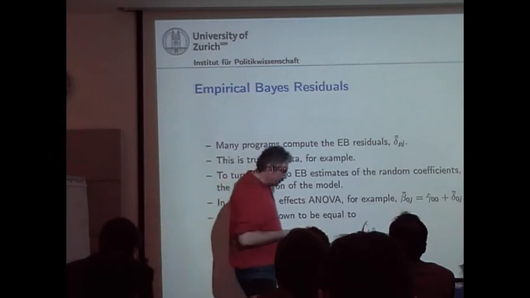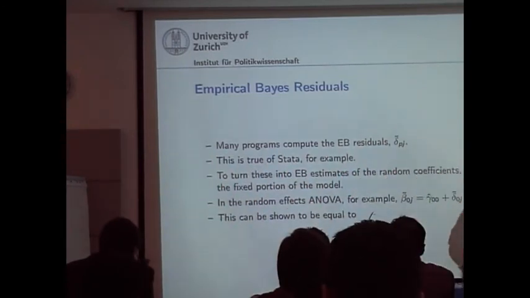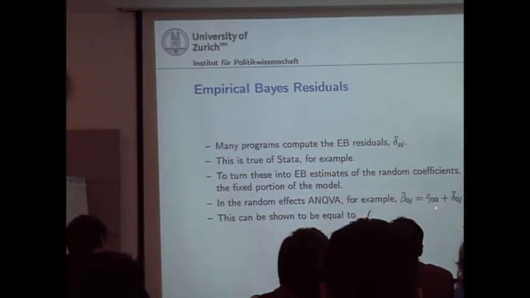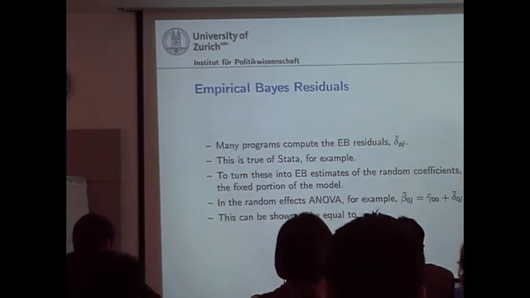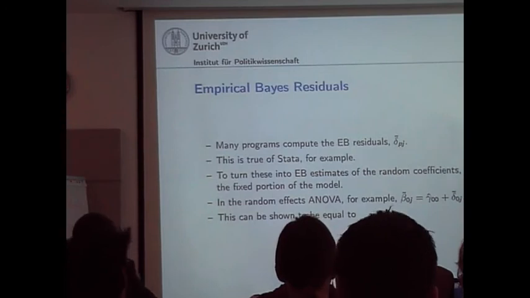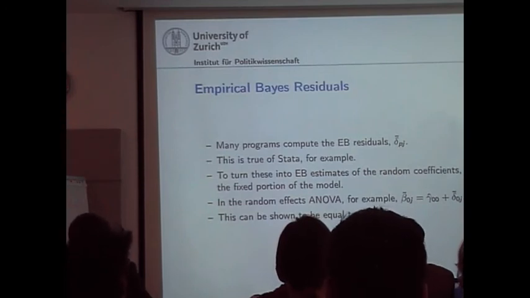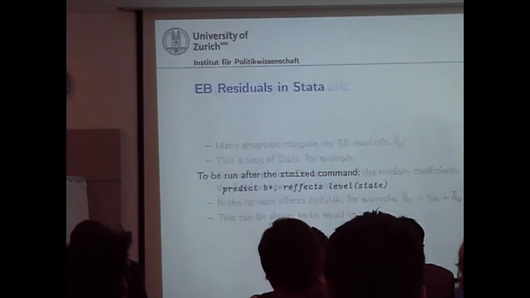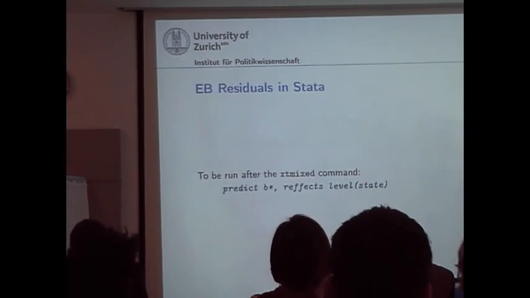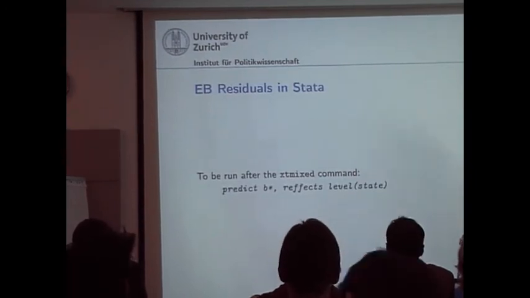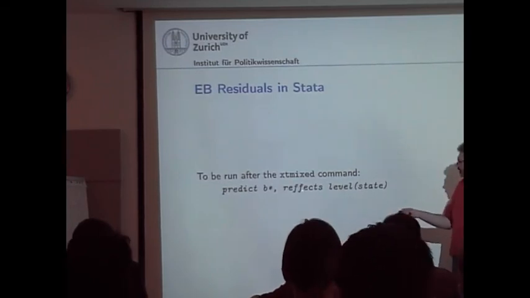So actually, to turn these things into empirical Bayes estimates of the effects, you just simply add the estimated fixed effects. That will be the trick.